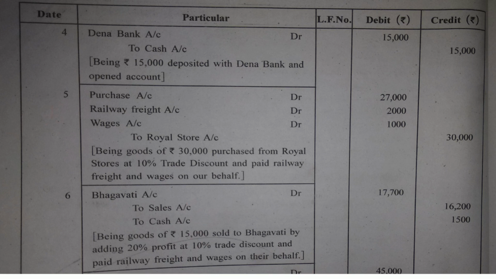Now this is our expense. Royal Store has paid, but paid for railway freight and wages, and I will return that amount to them, that is, we will return it, so this is indirectly our own expense. Yes. So railway freight account debit, wages account debit to Royal Store account. Royal Store becomes my creditor of rupees 30,000. 27 plus 3. Alright. The amount is not paid to Royal Store yet.